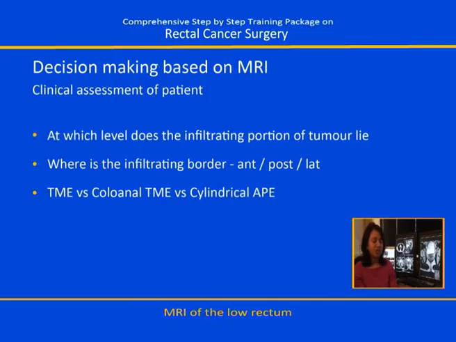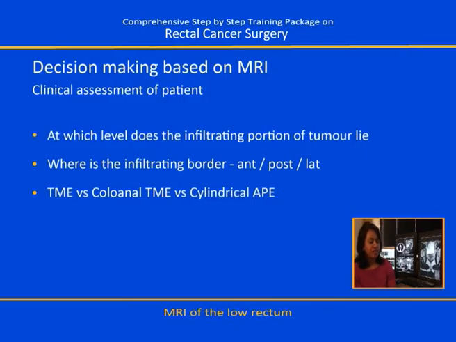If it's an anterior infiltrating tumour, then the surgical options really require a much more extensive dissection anteriorly, which may result in, for example, the necessity to remove the prostate or a portion of the anterior structures such as the posterior vaginal wall, whereas with a posterior tumour, there is much more scope to remove additional tissue.